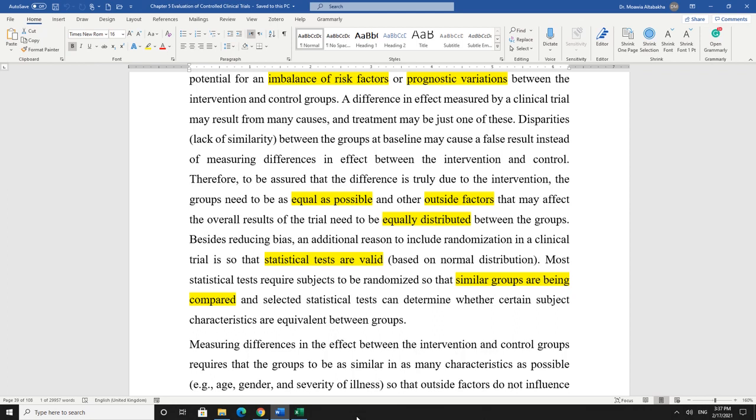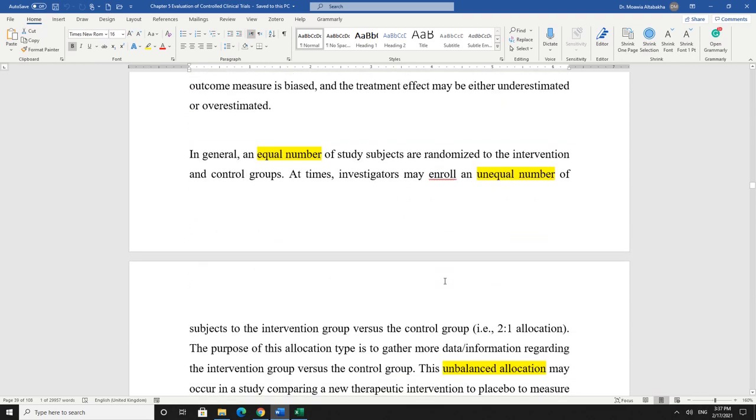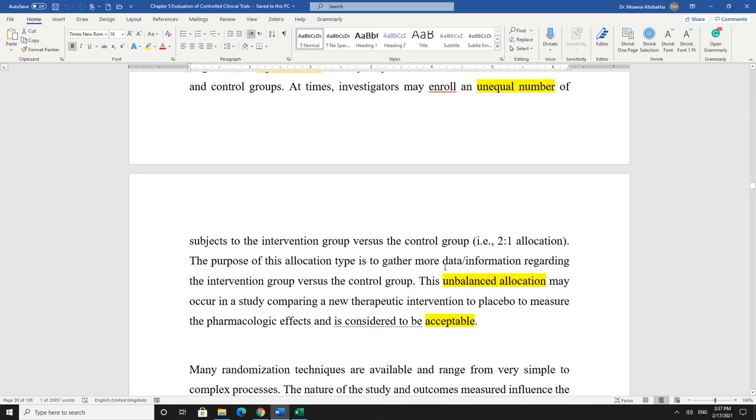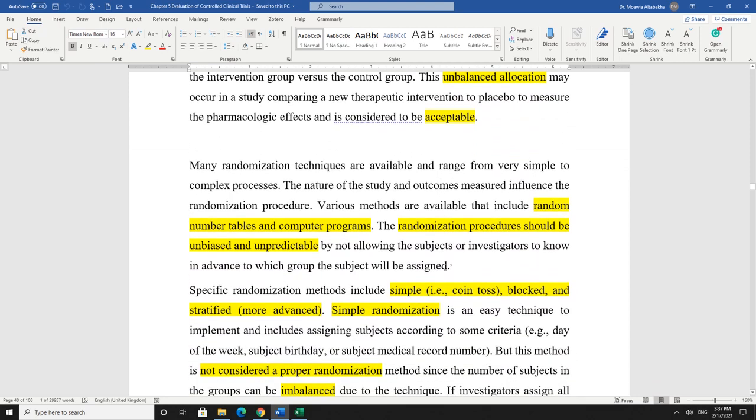The first type of randomization, as I told you, is simple randomization, and sometimes simple randomization is not good enough. It can be done by computer programs, for example, or you can use a coin. For each one, if it is tail, then he goes to group B. If it is face, then he or she goes to group A. But maybe here you will have an imbalance in the number or in the risk factors for the two groups.